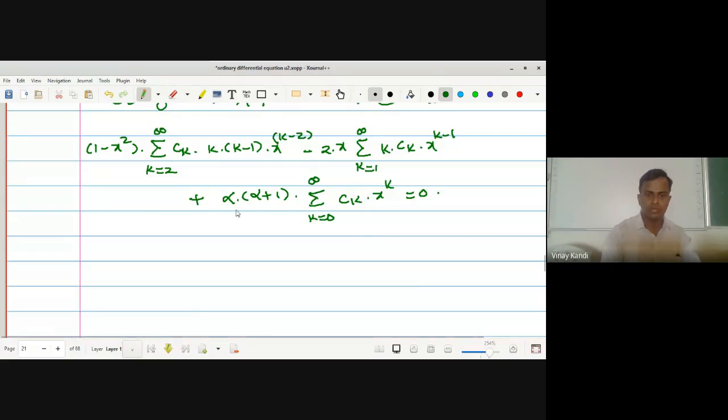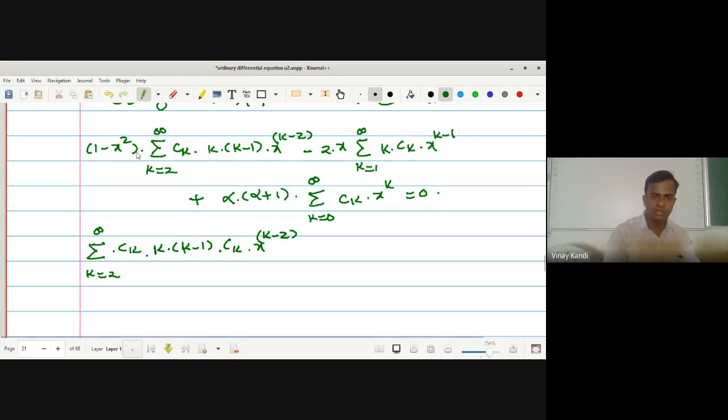Multiply this summation to inside. Okay, this one, sorry. 1 into this summation is what? Summation k running from 2 to infinity, ck into k into k minus 1 into x raised to k minus 2.